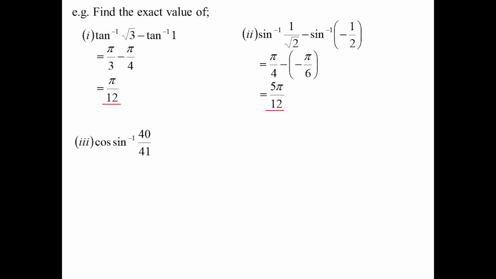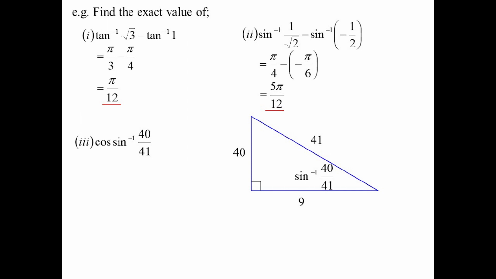Oh, heck, what's this say? The cosine of the inverse sine of 40 on 41. Remember, inverse sine of something is an angle. So all they're saying is, cosine of this angle, what would the ratio be? Now, it's not an exact one. So what I do with this sort of question is I just draw myself up a right angle triangle. And I'm saying the angle that I'm talking about has a sine ratio of 40 on 41.